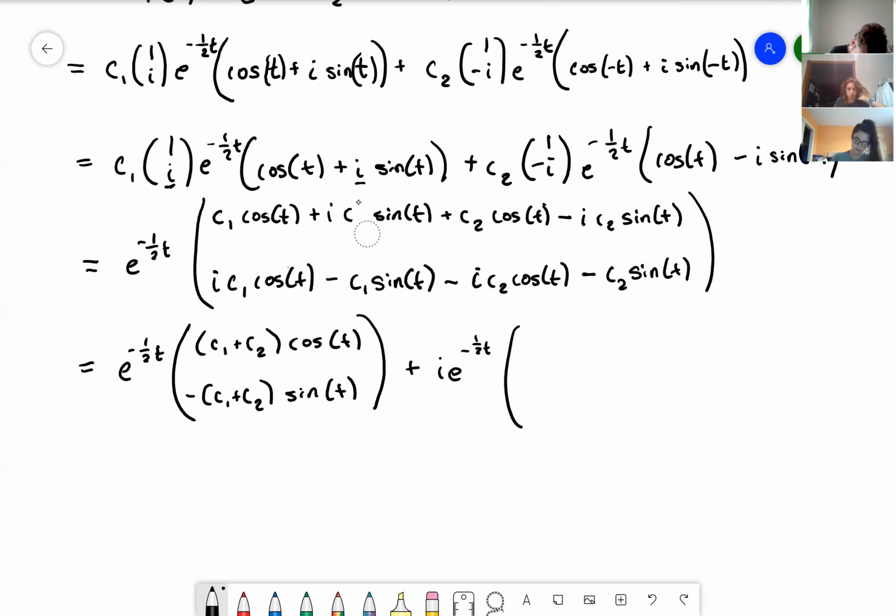Made a little mistake here in my writing. It should be a c1. So c1 minus c2 sine of t. And then the imaginary part here is, double check to make sure I didn't make a mistake, c1 minus c2 cosine of t.